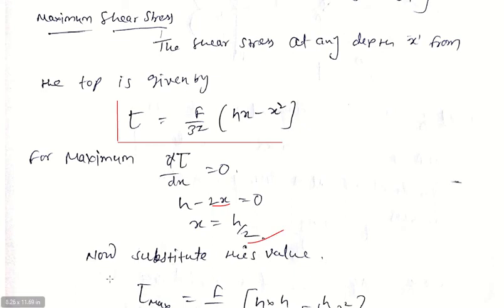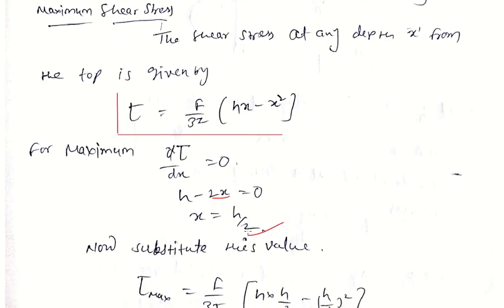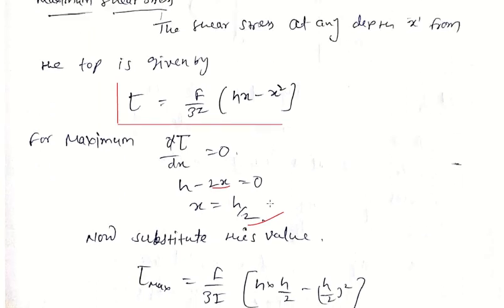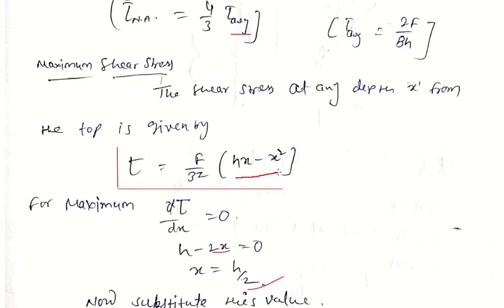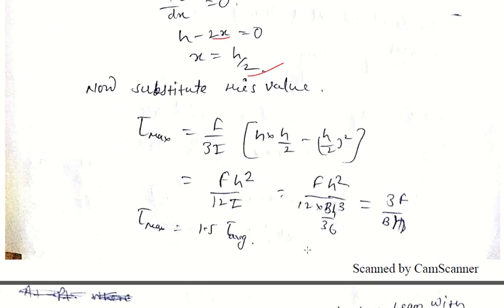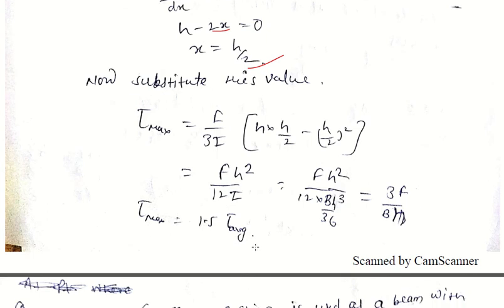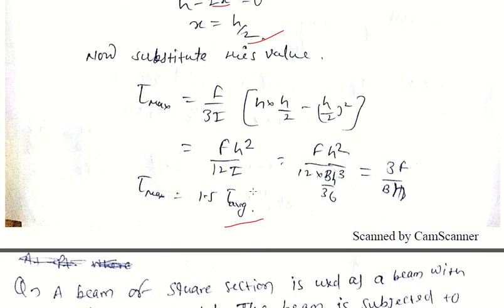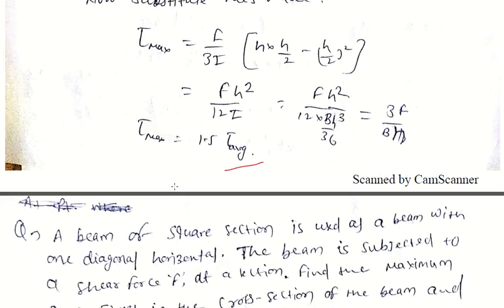Okay, now substituting x equals h by 2, we put the value of x here. So it will give 3F by b h, and the relation between tau maximum and tau average is 1.5 tau average, because we know tau average equals 2F by b h. So tau max equals 1.5 tau average.